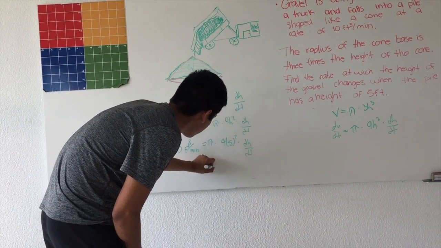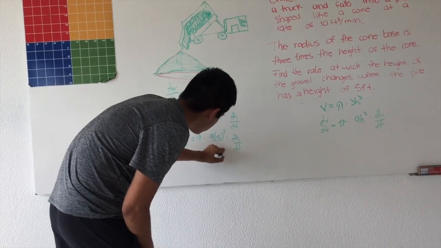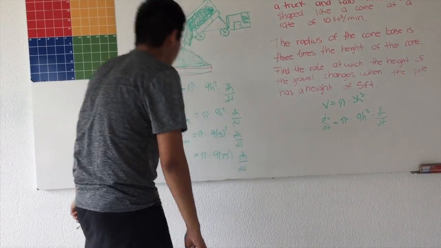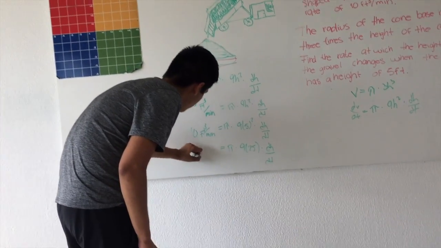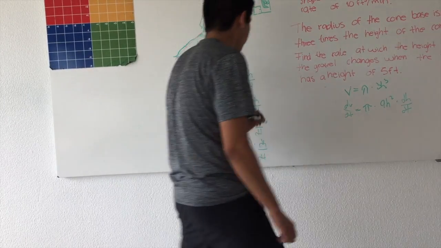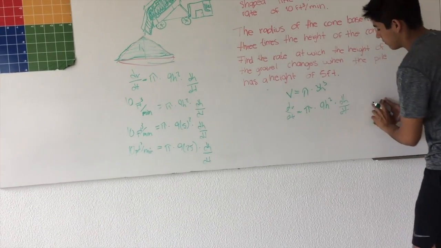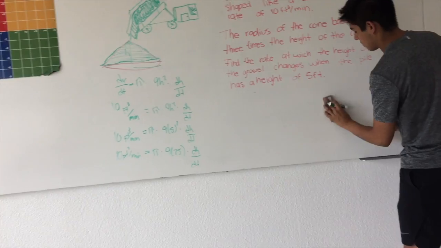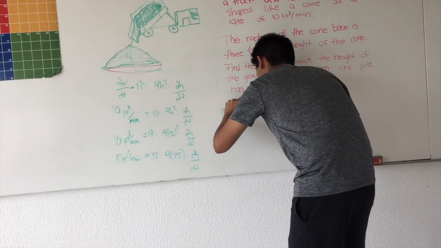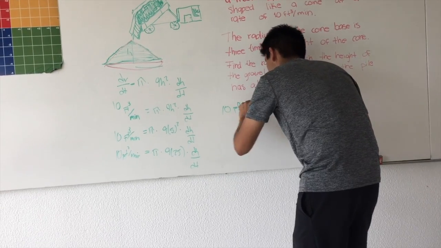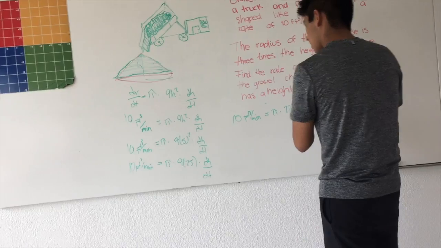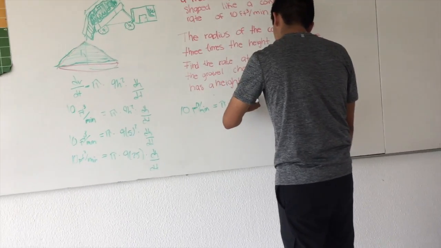So we get pi times 9 times 25 times dh over dt. And if we simplify this, we get 10 feet cubed per minute is equal to pi times 225 times dh over dt.